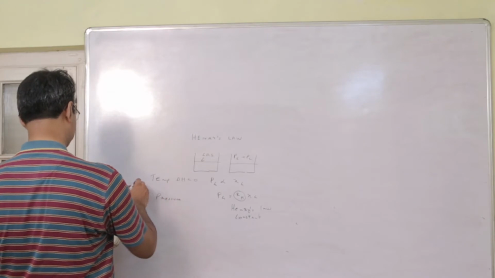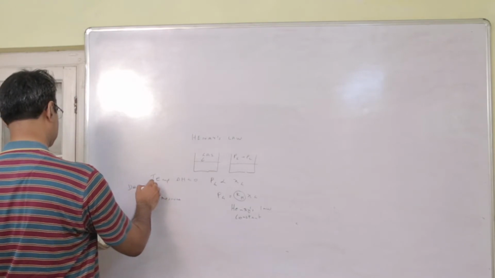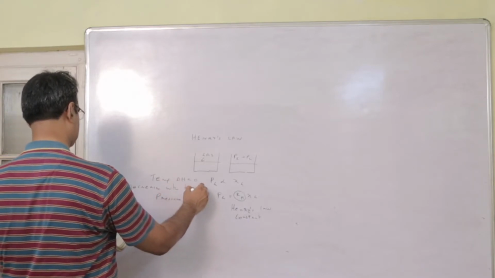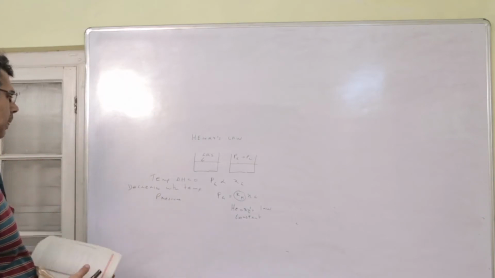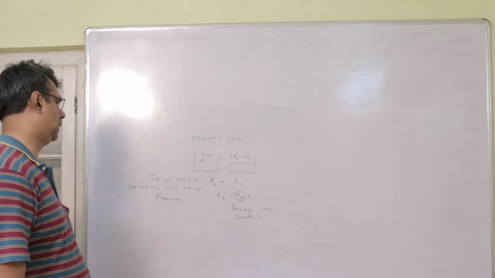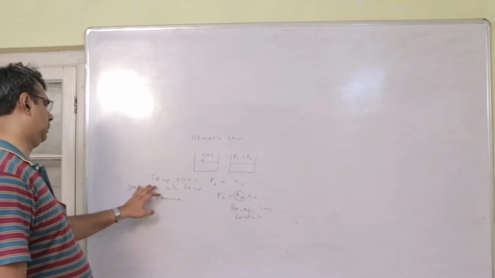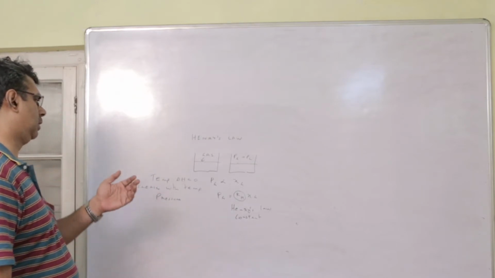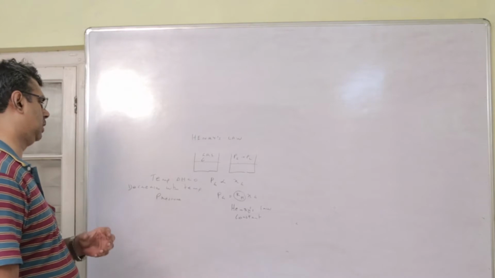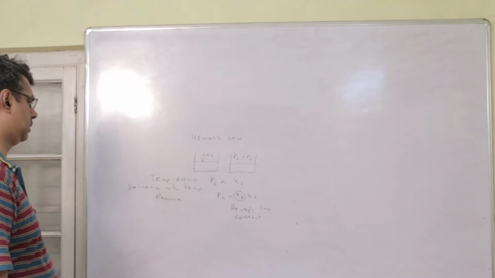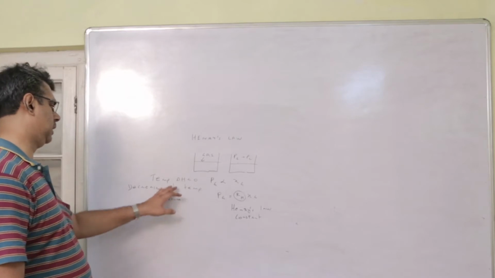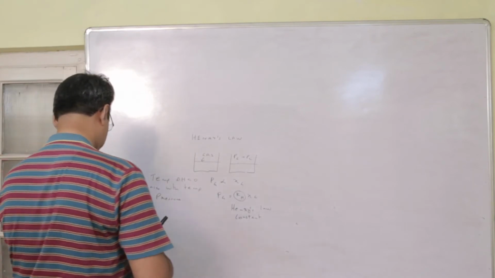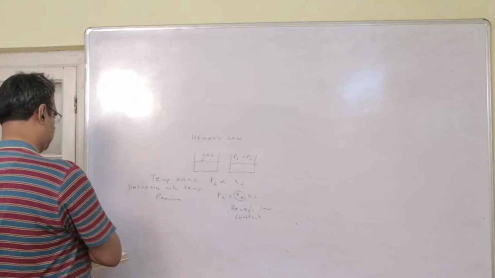So that means the solubility decreases with temperature. I'll repeat this point again. As far as temperature is concerned, the dissolving of a gas in a liquid is similar to condensation, in which heat is released, so delta H is less than 0. So the solubility decreases with increase in temperature.